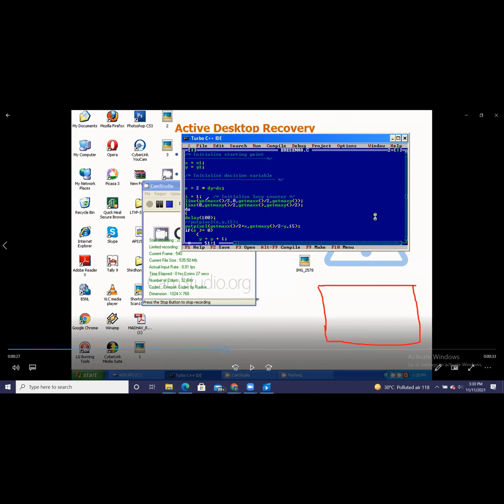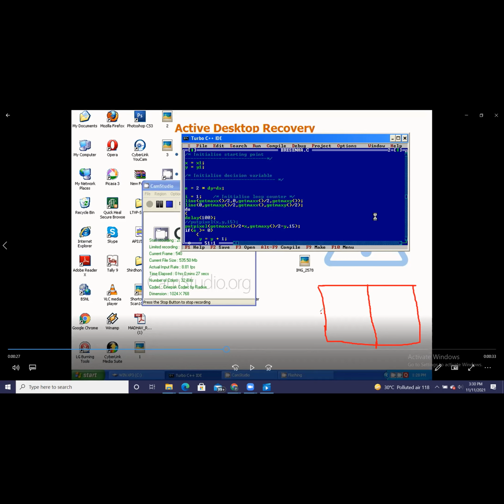With this line command, getmaxx by 2, 0 is this particular point, and getmaxx by 2, getmaxy is this particular point. So I am going to draw a line from the first point to the second point. Then the second line command starts with 0, getmaxy by 2.